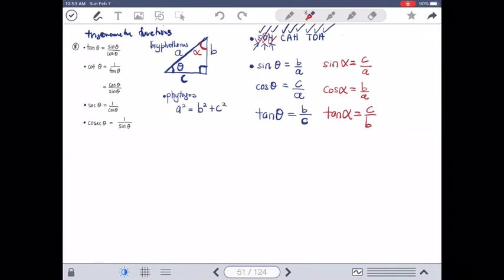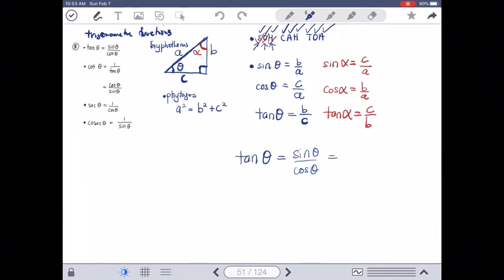So this is the basic, and then we have a few new things, which is tan theta. Tan theta is just sine theta over cos theta.